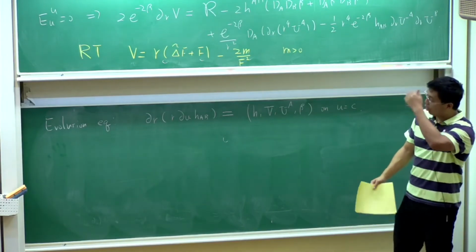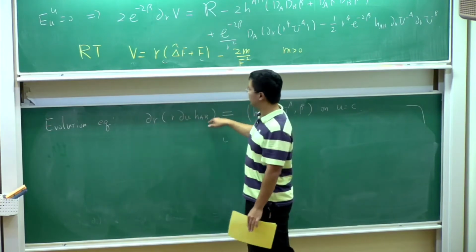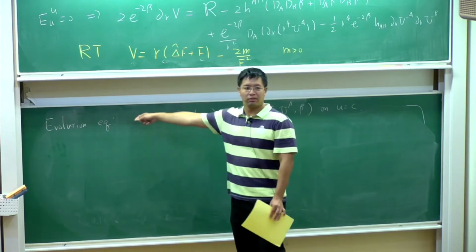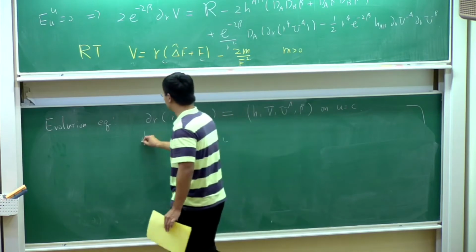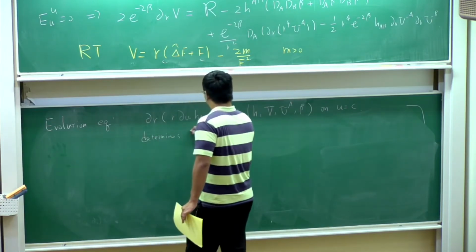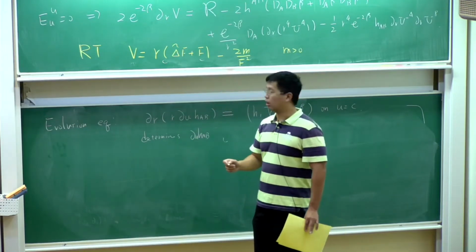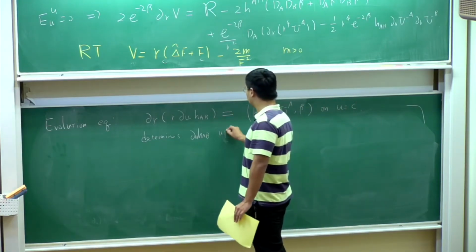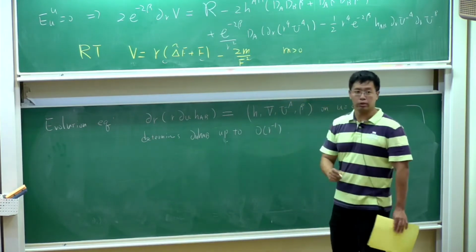But again, it almost determines du of HAB, except there's a term of order 1 over r, which you cannot detect. Right, so this again determines du of HAB up to a term which is minus 1. Okay.